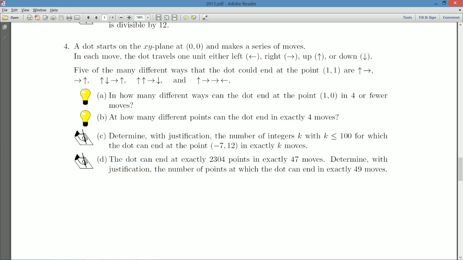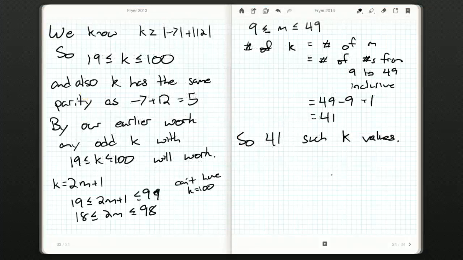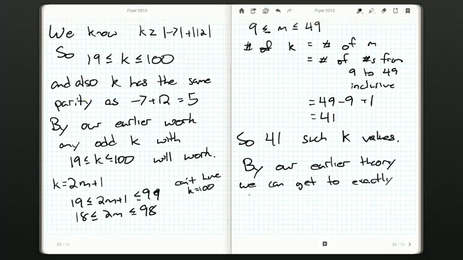Well, let's check. Does that work with our theory? 47 plus 1 is 48, and if we were to square that, we'd get 2304. So that matches with our theory perfectly. Determine with justification the number of points at which the dot can end in exactly 49 moves. (49 plus 1) squared, that's 50 squared, so that's 2,500.